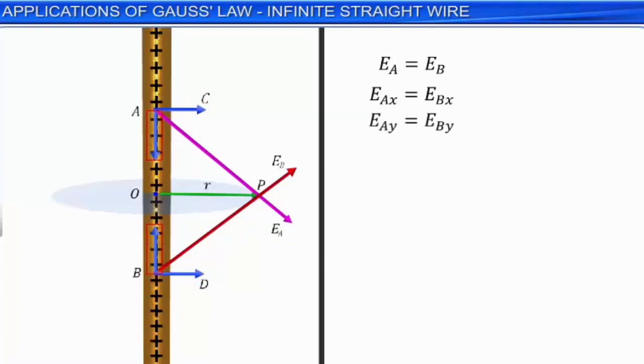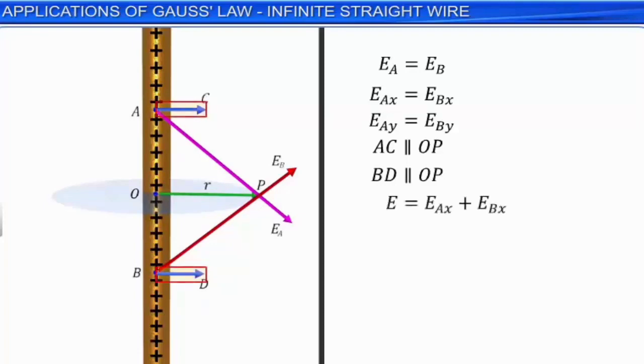Hence, they cancel each other. The horizontal components are parallel to the radial vector along OP. Thus, the net electric field at P due to the elements at A and B is equal to the sum of their horizontal components and acts radially outward. This is true for any such pair of elements considered on either side of the element at O.